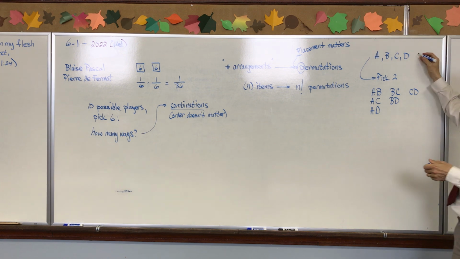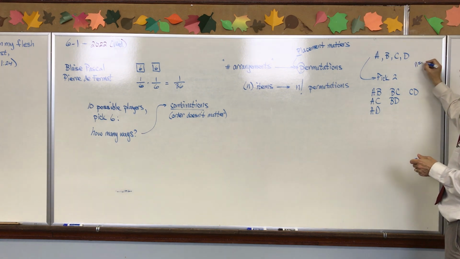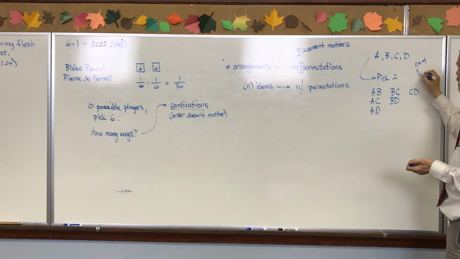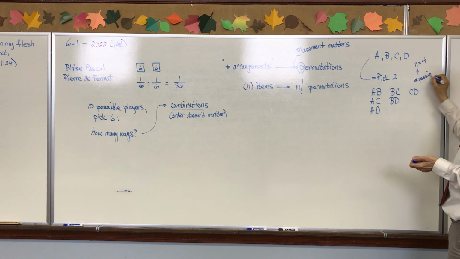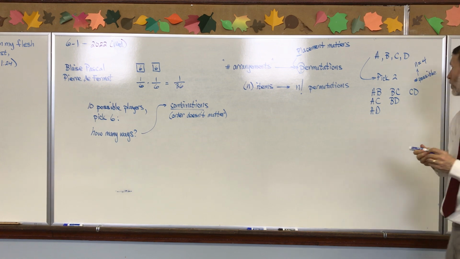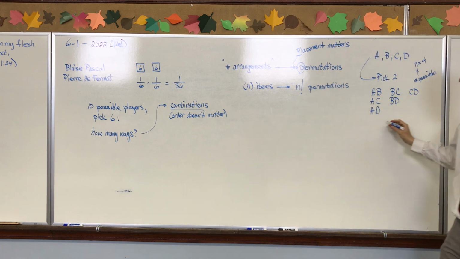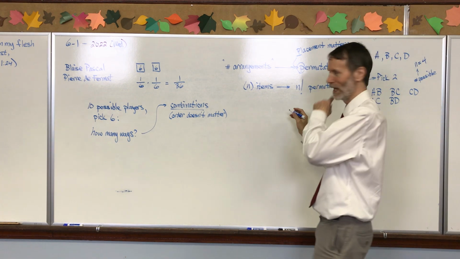We started with 4. Let's just say n is equal to 4. N is the number of possible things to choose, or people to choose. And we picked 2. So basically, I'm going to introduce you to 2 letters.